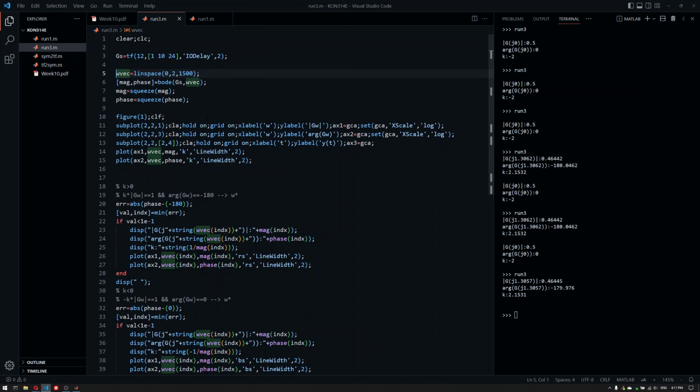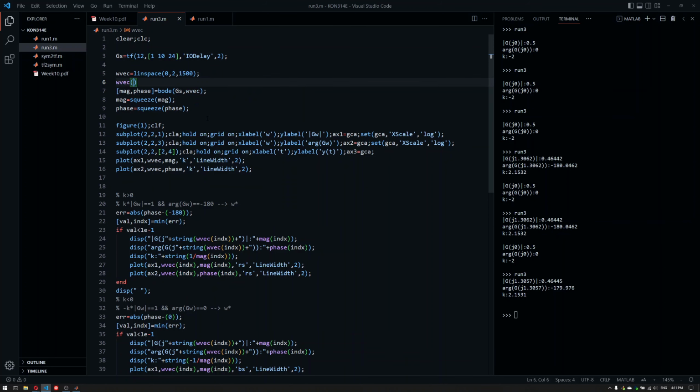Let me do it like this, but then change the first value here to 1e minus 2. Is that a correct way of doing it? What are the first 4 values here? Yeah, I guess not, but let's see.